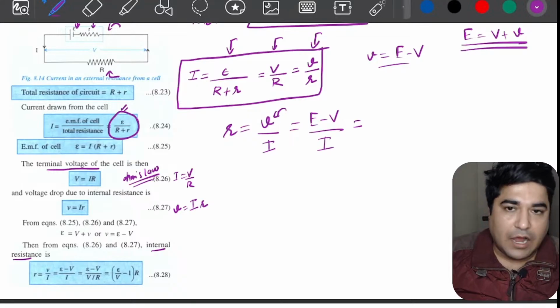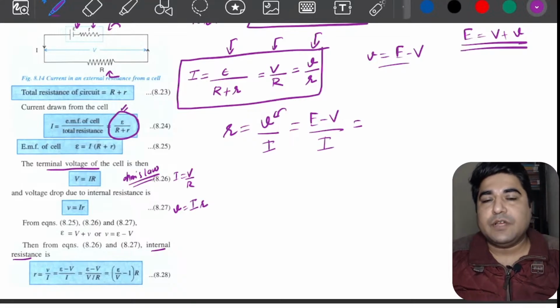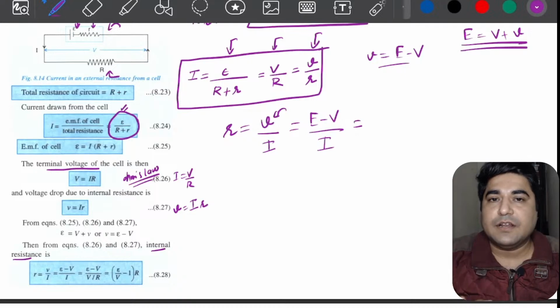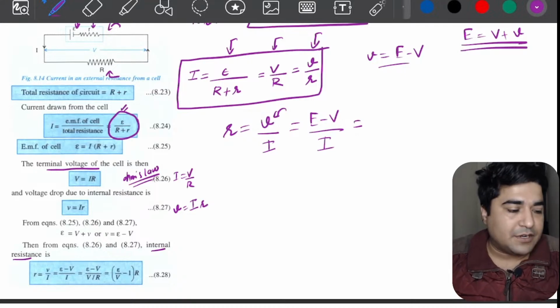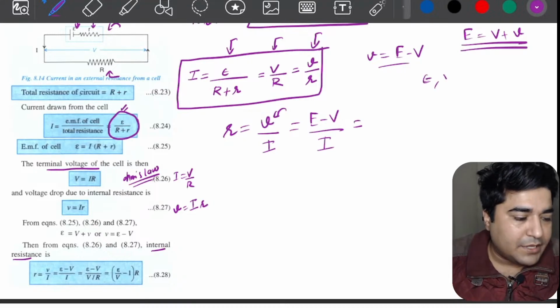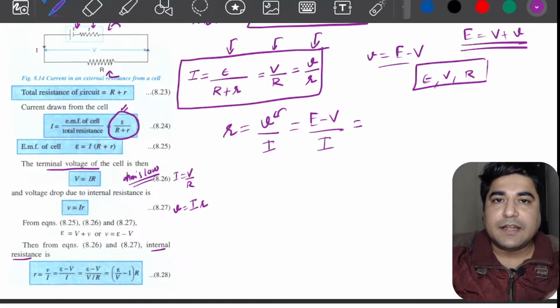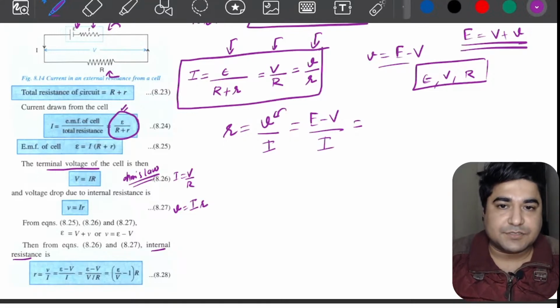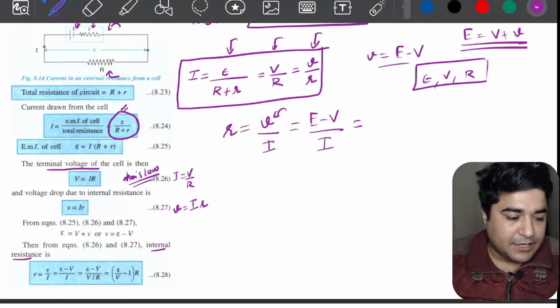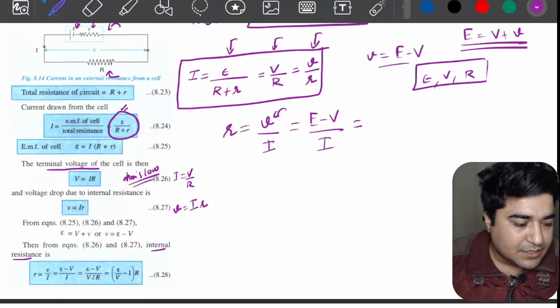Our target is to express the value of internal resistance in just three parameters: EMF, terminal voltage, and the net resistance, not the total resistance, I mean the net resistance apart from the internal resistance. So how can we do this?